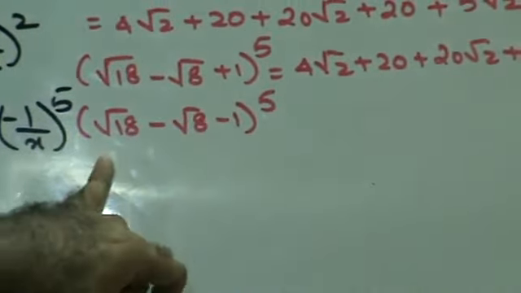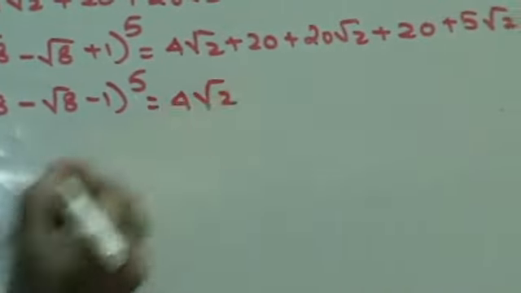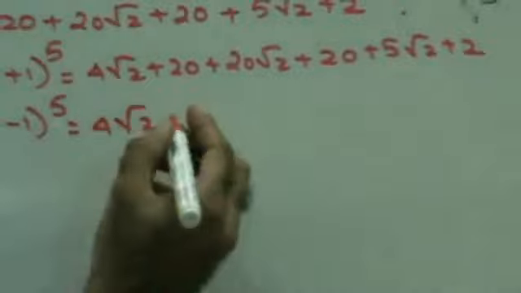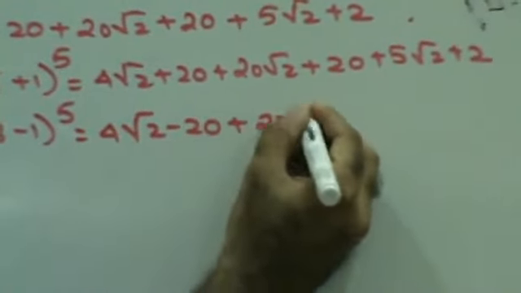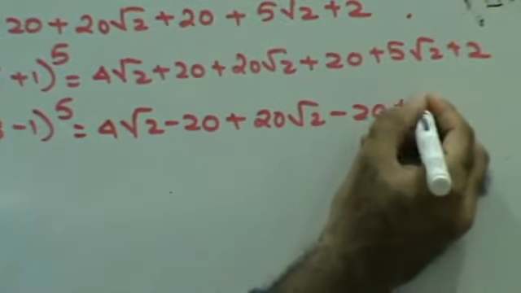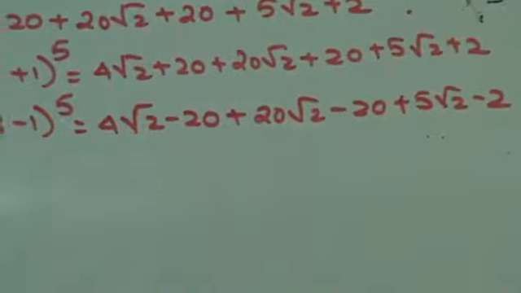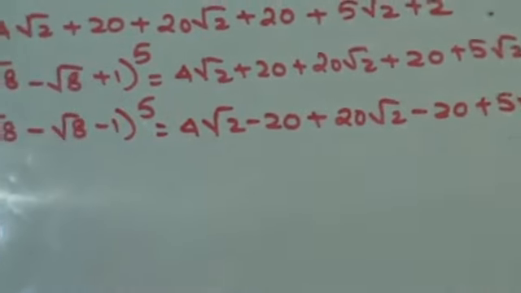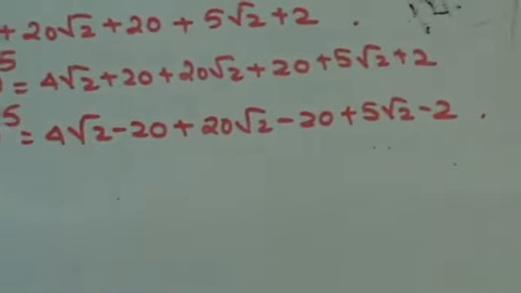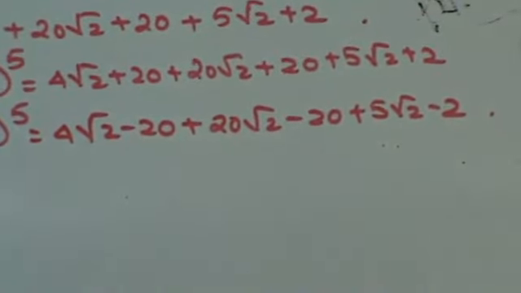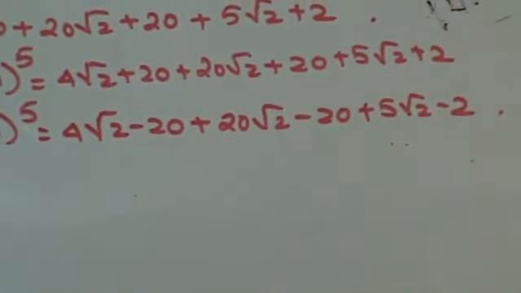That means the expansion for root 2 minus 1, the whole raised to 5, will be 4 root 2, alternate signs reverse, minus 20, plus 20 root 2, minus 20, plus 5 root 2, minus 2. So the expansion remains the same. If you have the same expansion between plus and minus, every alternate sign will take minus.